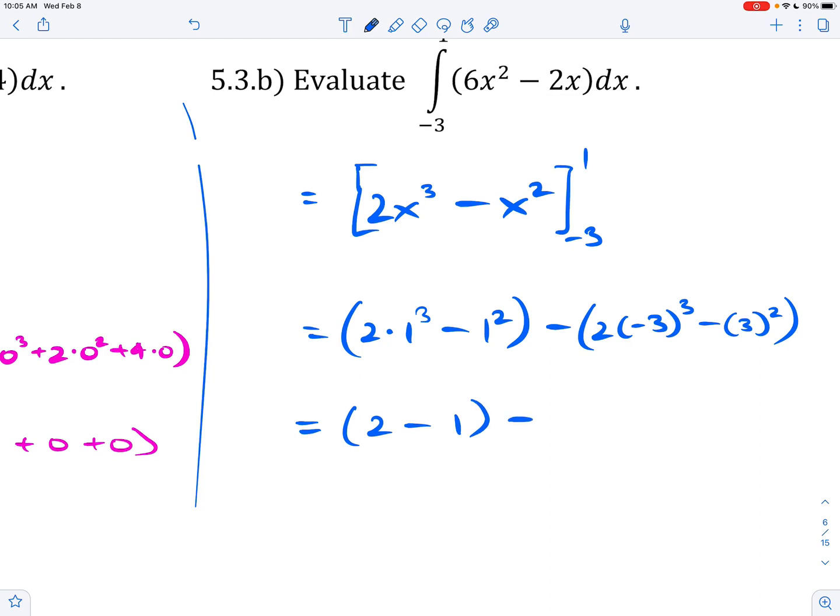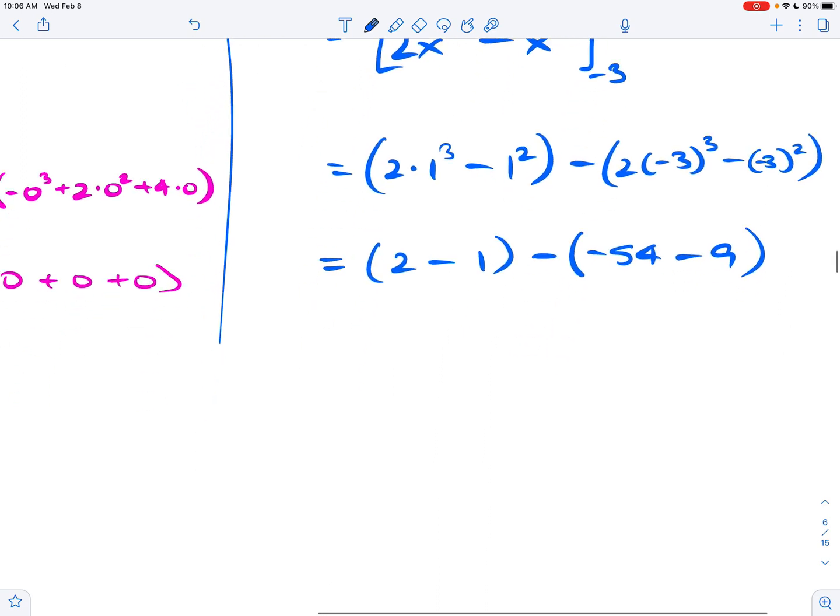This is 2 minus 1 minus, oh boy! Alright, -3 cubed is -27. This is -54. And -3 squared is 9, so we're subtracting 9. I might just take a couple extra lines for this just to make my life easier. -54 minus 9 is -63, I hope.